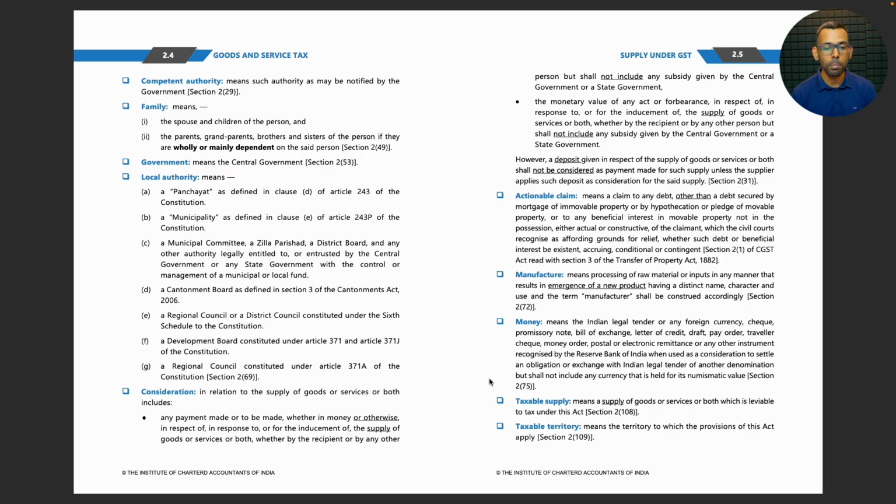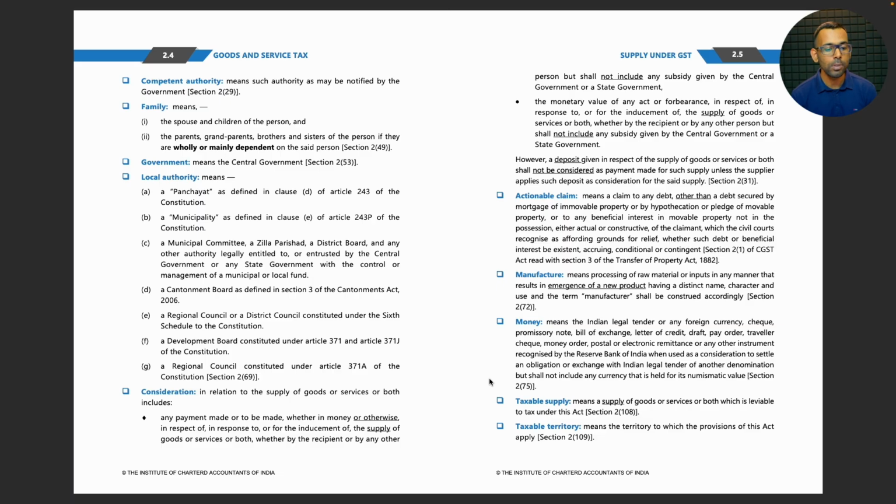Government means the central government. Local authority means a panchayat as defined in Article 243 of the Constitution, a municipality as defined in Article 243P of the Constitution, a municipal committee, Zilla Parishad, district board, and any other authority legally entitled to or entrusted by the central government or any state government with the control or management of a municipal or local fund. Cantonment board as defined in section 3 of the Cantonments Act 2006.